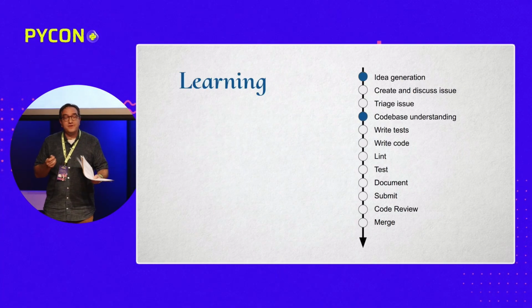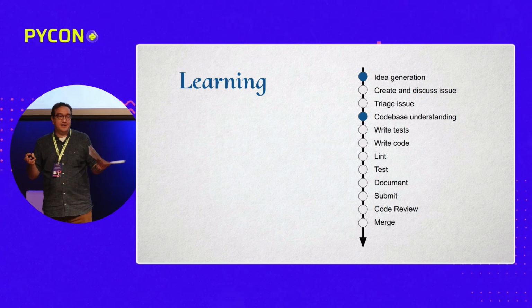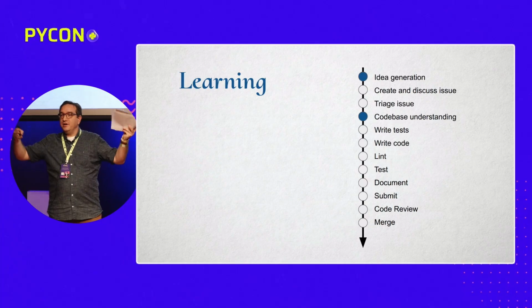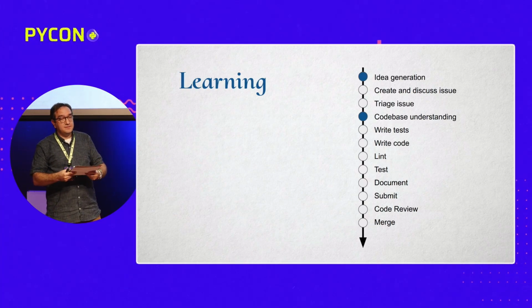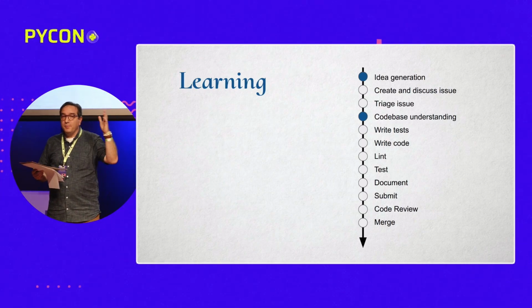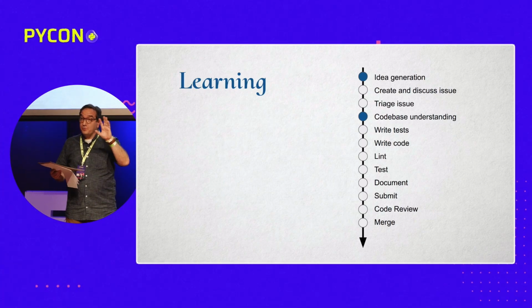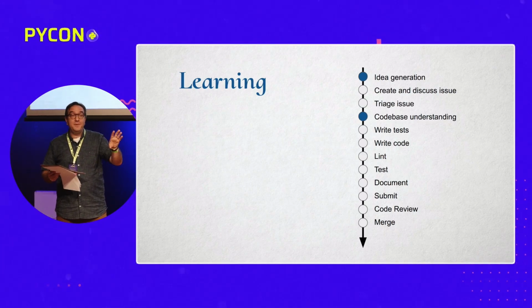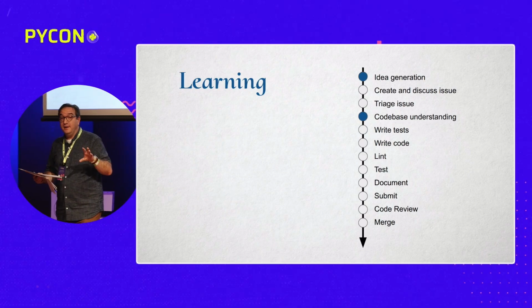So the first category I have here is called learning tasks. When you are generating the idea, the thing you're going to do, LLMs can be very helpful with summarizing all of the bug reports in your bug tracker and then prioritizing ones that it sees a lot, things like that. Code base understanding is a really big one.